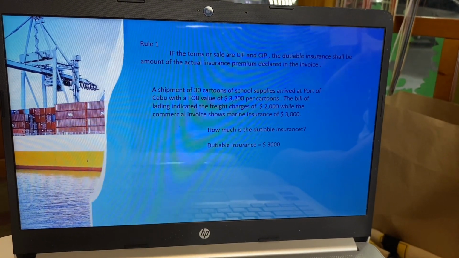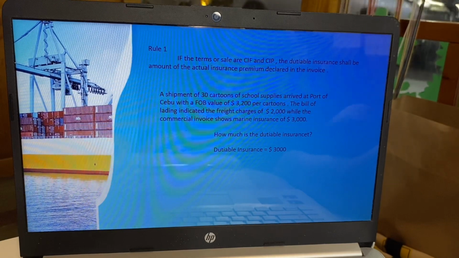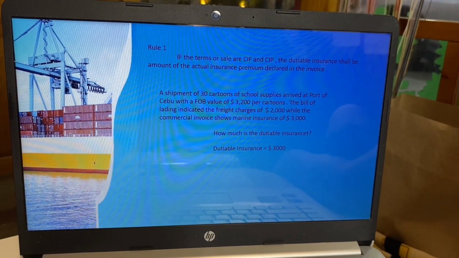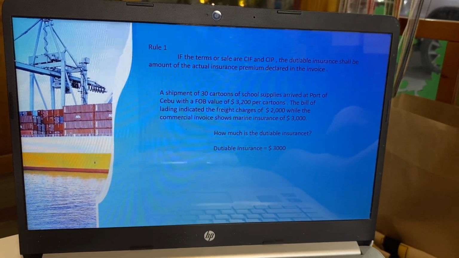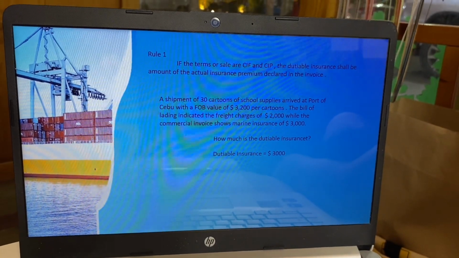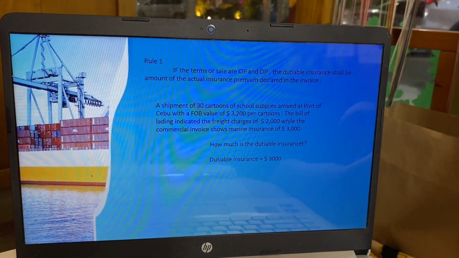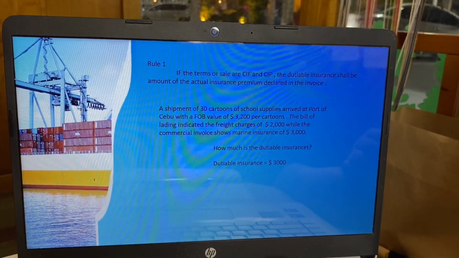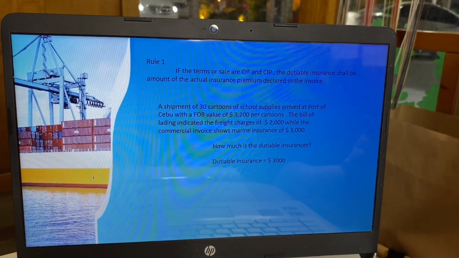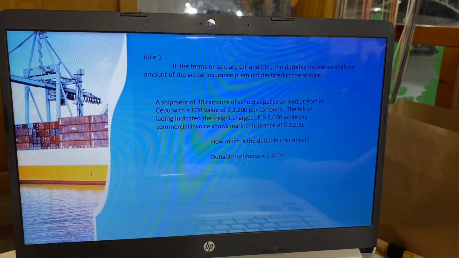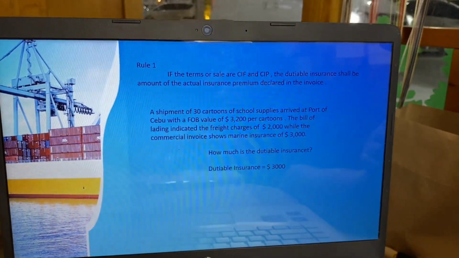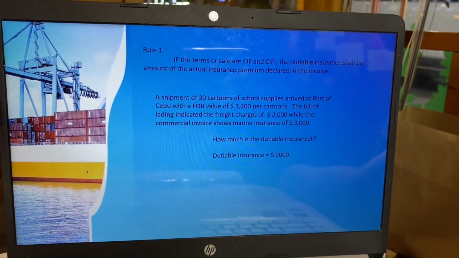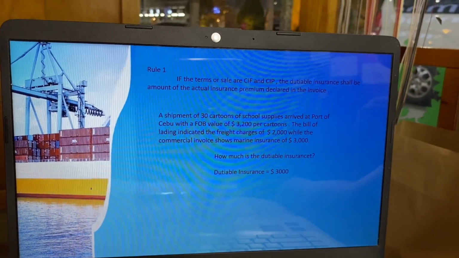Rule number 1 is the same as rule number 1 in dutiable freight. Whatever marine insurance premium is declared takes precedence automatically. Same with rule 1 in dutiable freight: whatever freight charges are declared in the bill of lading automatically become the dutiable freight.